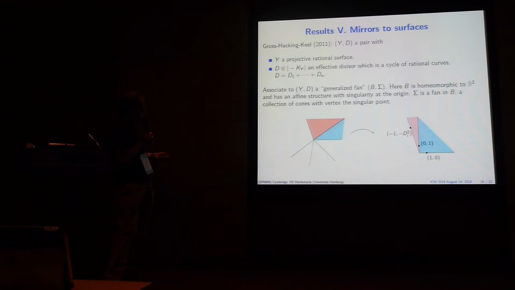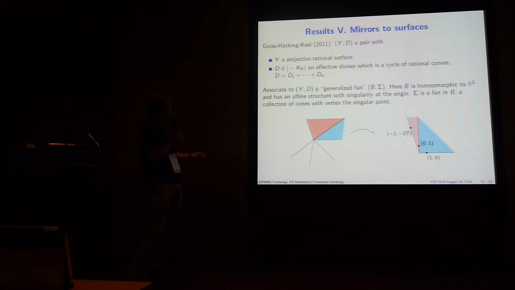So this ray might correspond to a divisor Di, and I just define there's a unique choice of homeomorphism between this region and the region I've drawn here. This is a fan, this is unbounded, where the fan is given by rays generated by (1,0), (0,1), and (-1, -Di²). So there's a unique identification of this region with this region, which is integral affine on each of the two cones. And that completely specifies the affine structure.